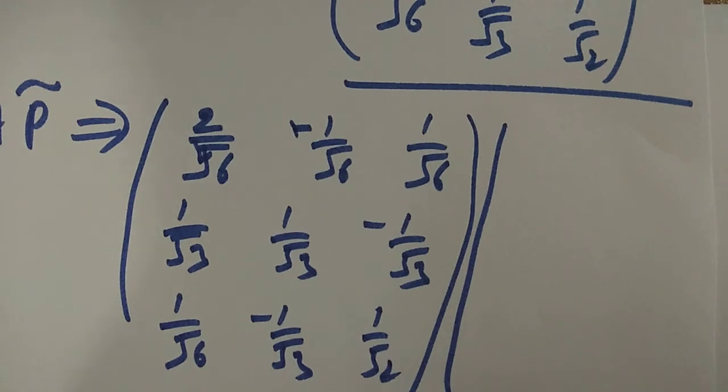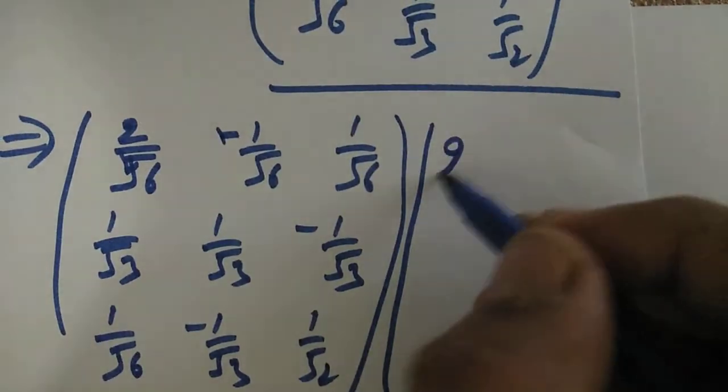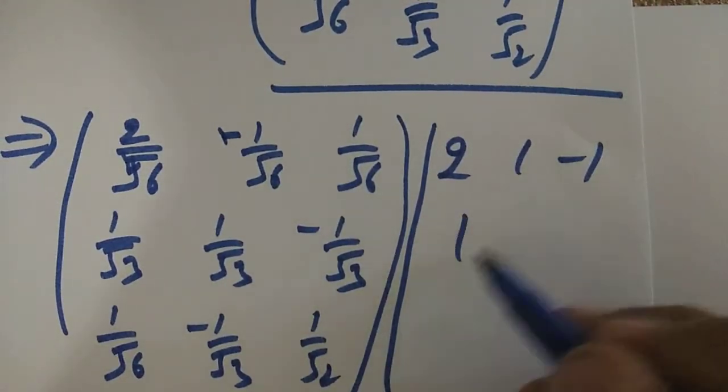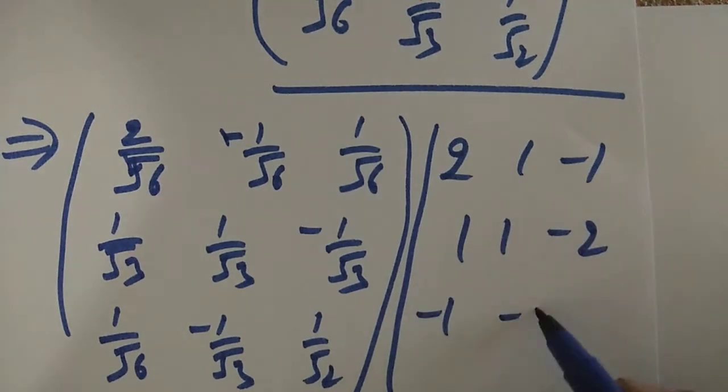A is the given matrix 2, 1, minus 1, 1, 1, minus 2, minus 1, minus 2, 1.